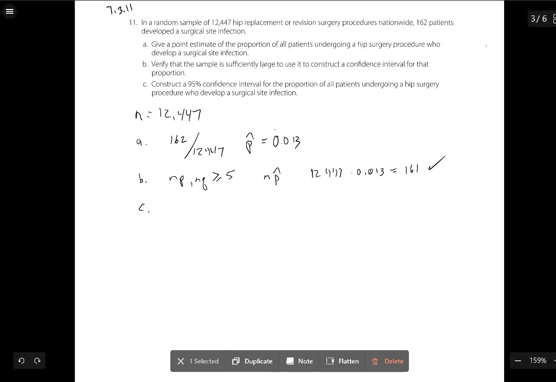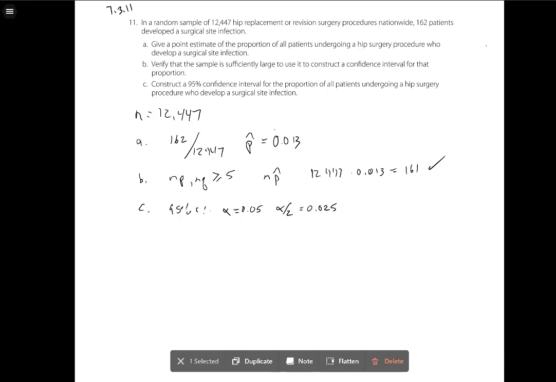Okay. Construct a 95% confidence interval for the proportion of all patients undergoing a hip surgery procedure who develop a surgical site infection. So for a 95% confidence interval, our alpha is going to be 0.05, and we have to look at alpha over 2, which is 0.025.